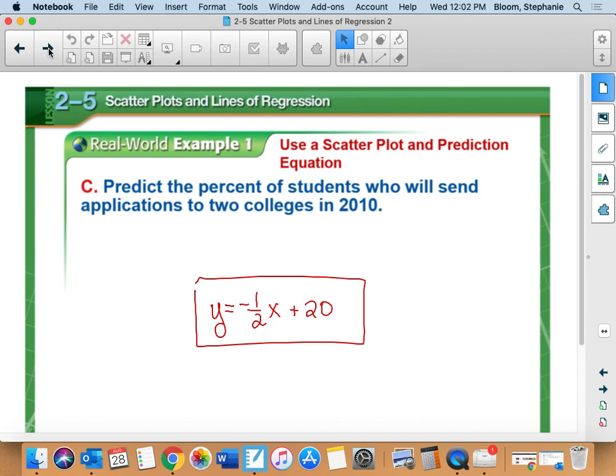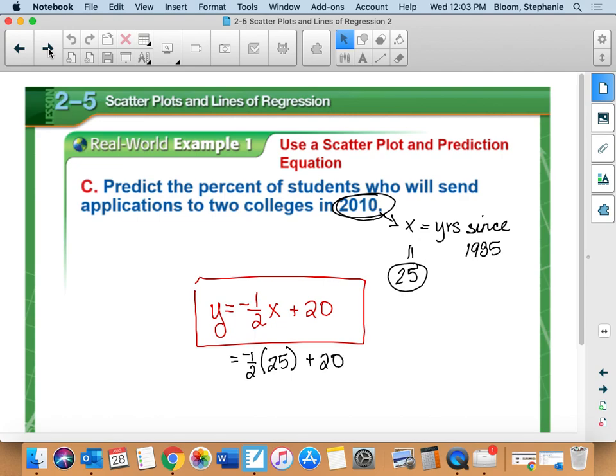So I want to know in 2010, so time, remember, was my x, and that represents my years. X was my years since 1985, right? So I've got to figure out 2010 would be 25 years since 1985. So I'm going to take that 25 and plug it in for my x. So negative 1/2 times 25 and then plus 20.